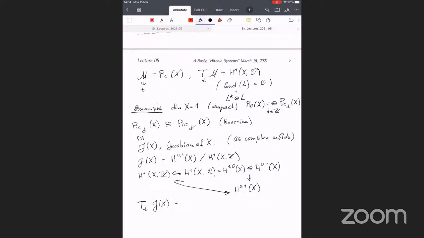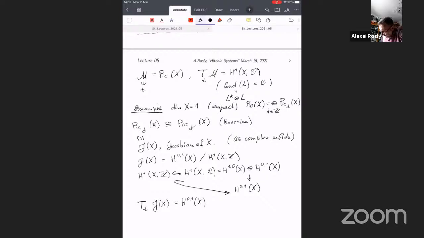Sorry, but you say that this is an embedding. This means that there is no kernel in projection. Yes. Is it obvious that there is no kernel in this projection?